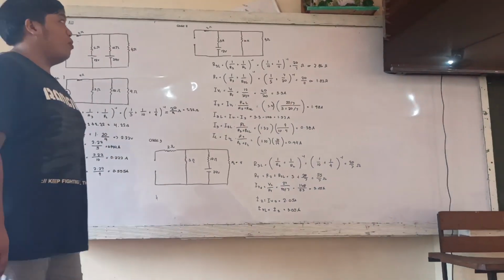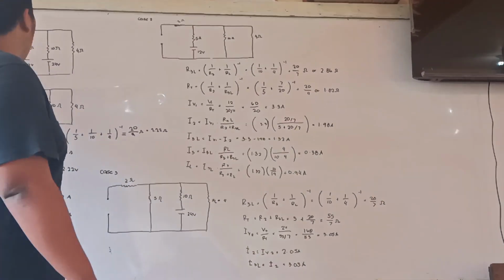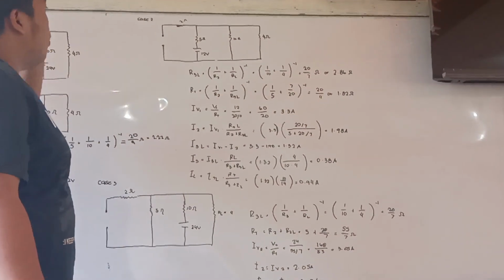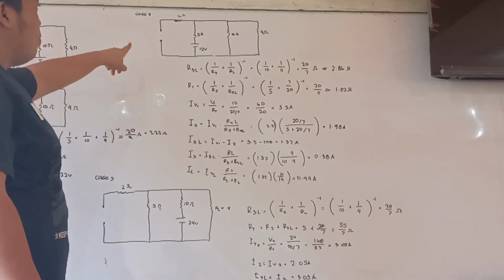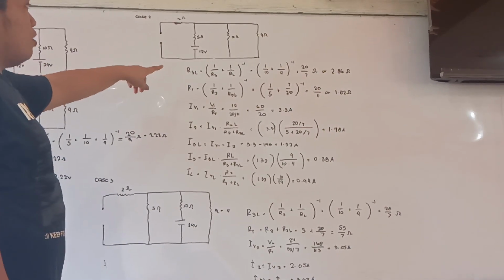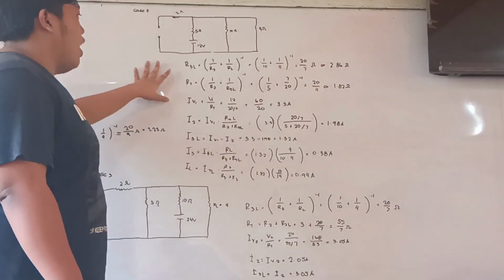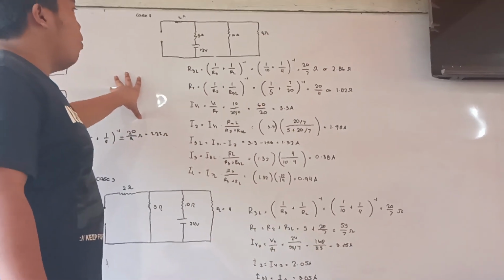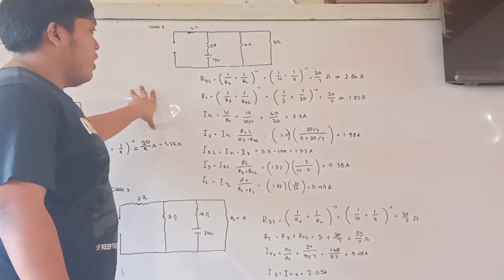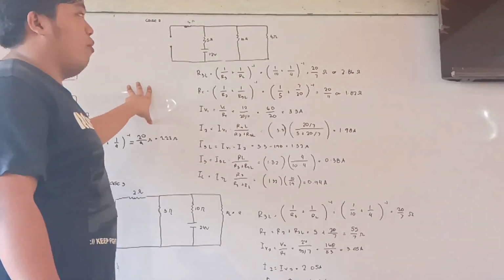For our case 2, we're going to open the closed one here. So we have the 2 ohms, 5 ohms, 12 volts, 10 ohms, and 4 ohms. We're going to use R3L is equal to 1 over R3 plus 1 over RL to the negative 1.